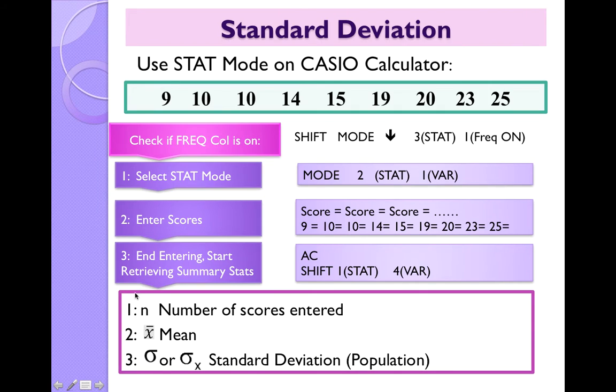Number 1, which is the N, will show you how many scores you've entered. Number 2, with the symbol for the mean, will give you the mean. And number 3, with the symbol for population standard deviation, will give you the standard deviation we want here. The 4th one is sample standard deviation, and we don't do that in the general maths course.